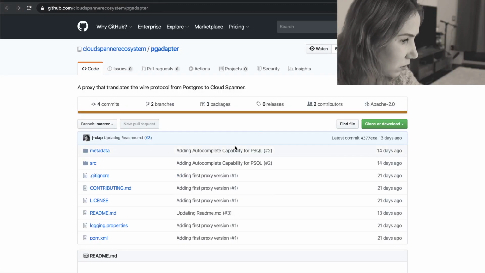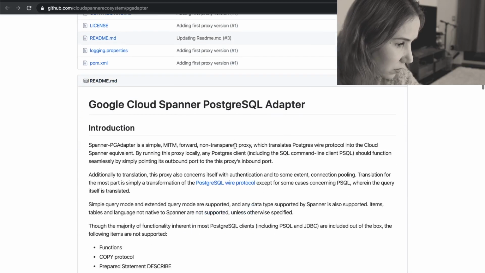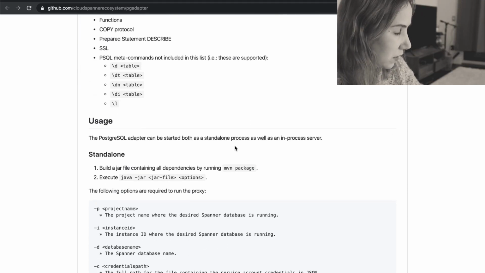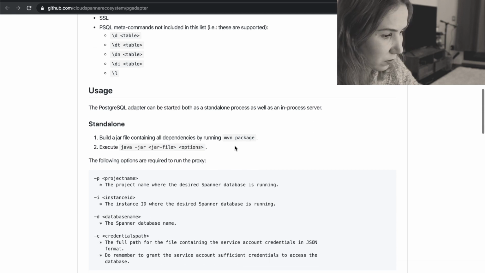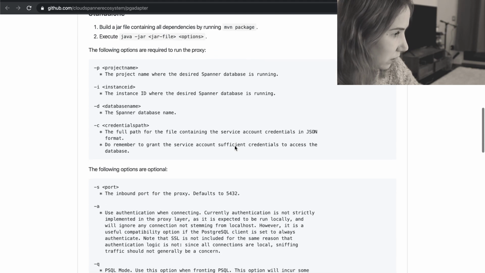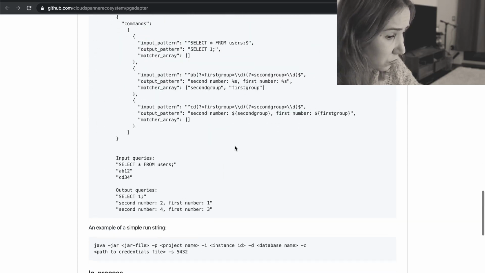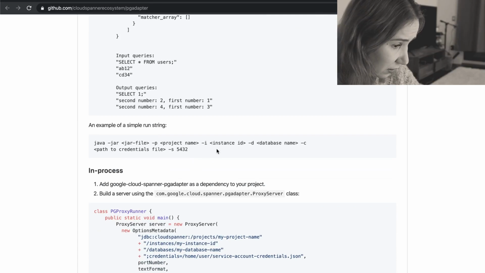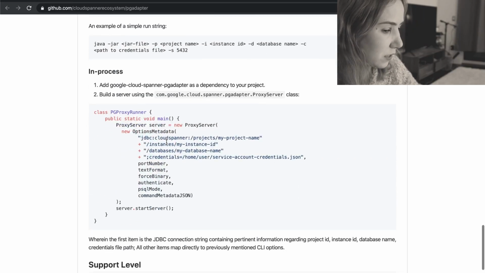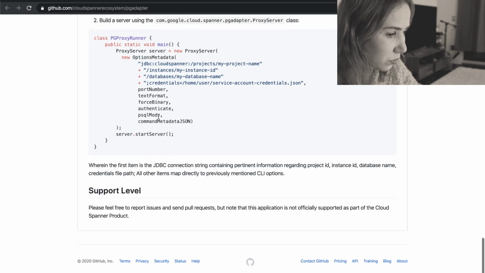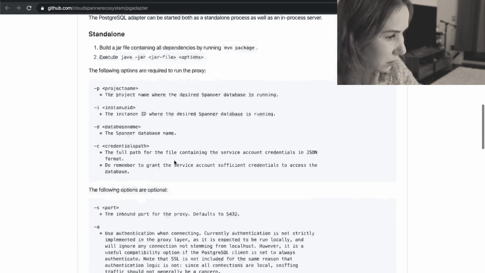And there's this more adventurous project called the PostgreSQL Adapter, which is trying to support Postgres. It takes the Postgres wire protocol and converts things into Spanner calls. The goal of this project is that you should be able to use Postgres client libraries and use Spanner as a backend.